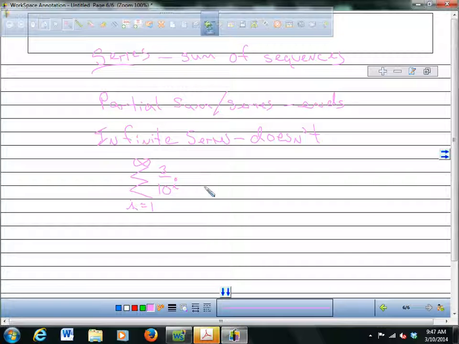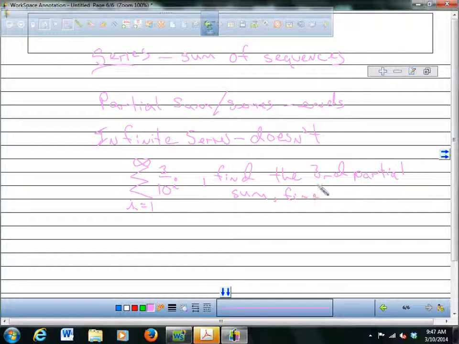And they say find the third partial sum. And then they'll say find the infinite sum.